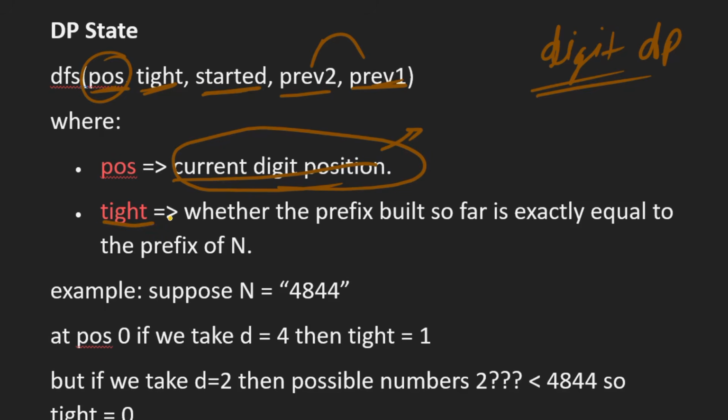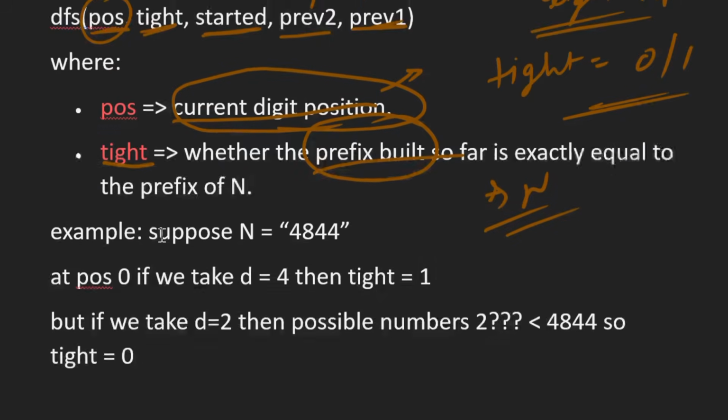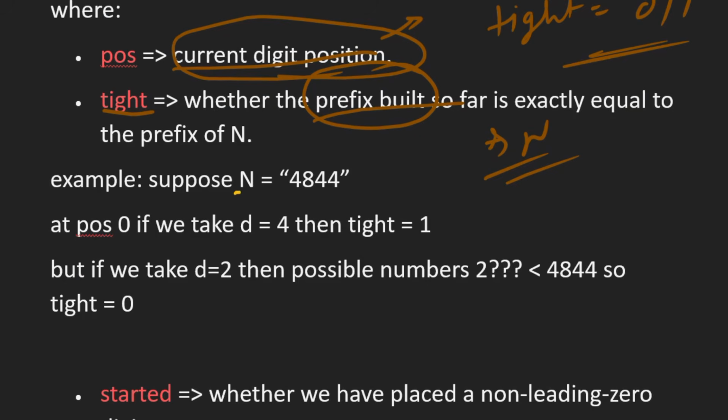Now the next variable, tight. Tight can have two values, either 0 or 1. It tells whether the prefix that we have built, the number that we have built, is exactly equal to n or not. So let's see an example to understand tight. Suppose our n value is 4844, and suppose till now we have built 484.